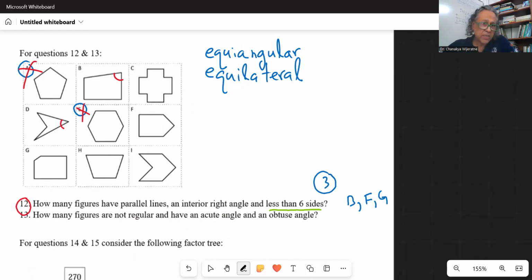And this does not have an acute angle. This we need to discard. This is bookkeeping. Discard. Discard. Now here, this has an acute angle, and here an acute angle.